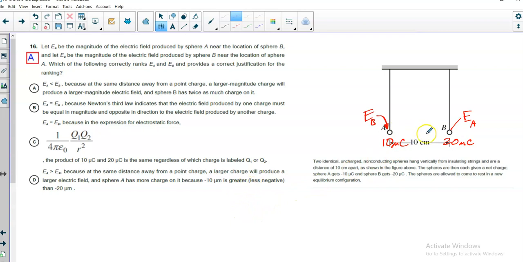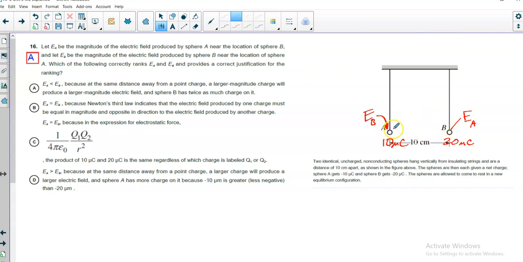Okay, they want to know which field is bigger, B's field here at A or A's field here at B. The forces they're going to feel are the same, Newton's third law says the forces have to be the same. The field strengths are not.